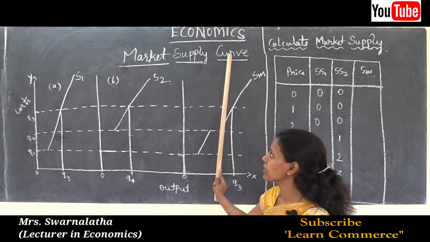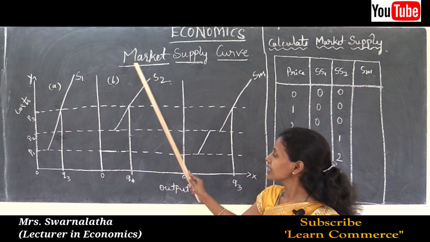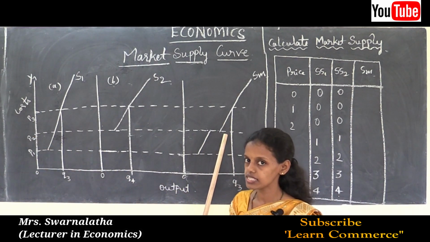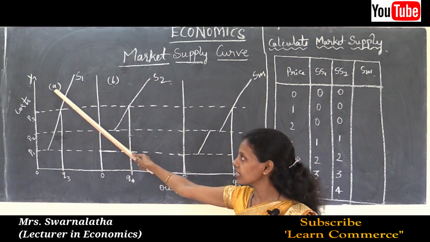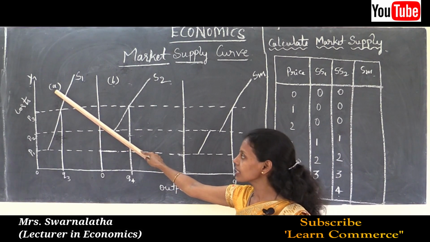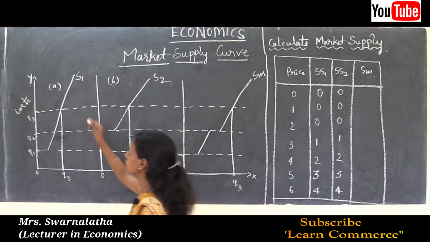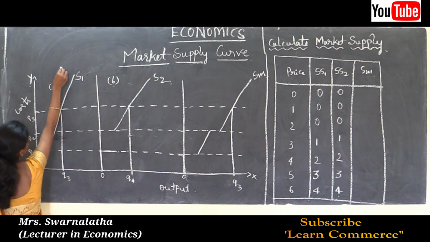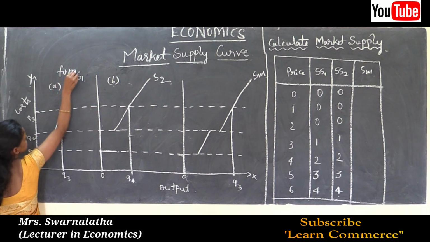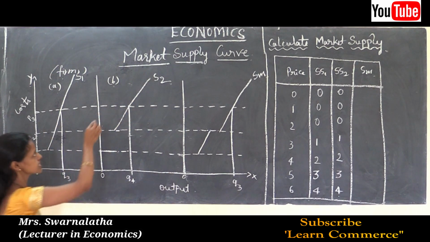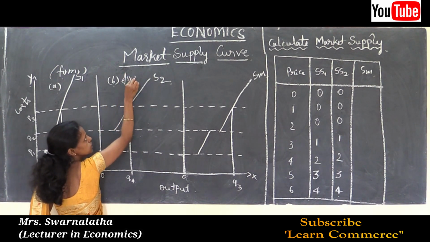Now we are going to see the market supply curve with a fixed number of firms in this diagram. Panel A shows the market supply of firm 1. Panel B shows the market supply of firm 2.